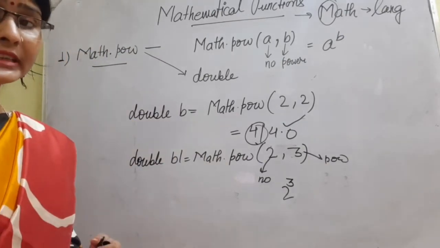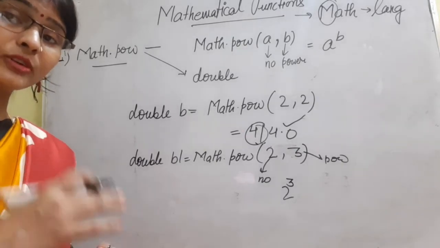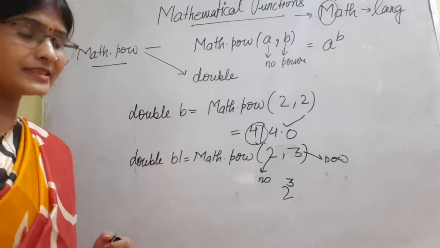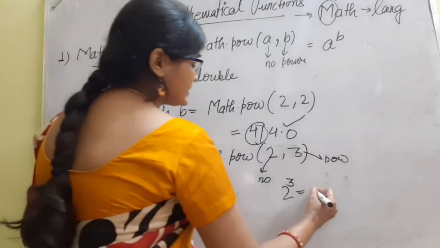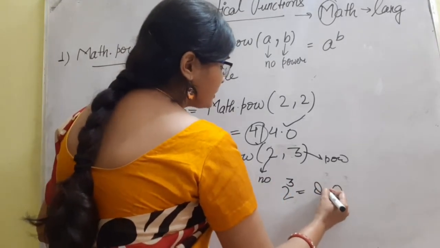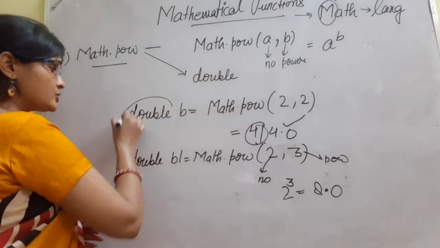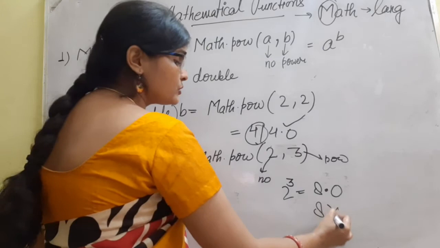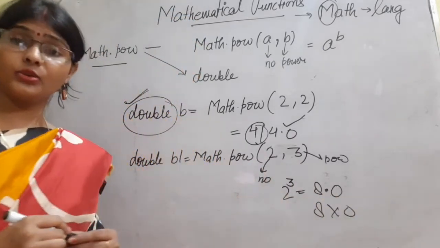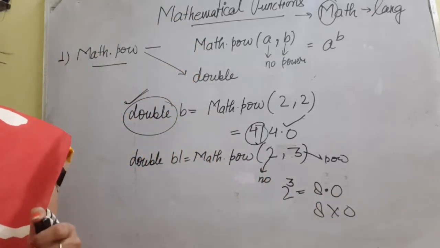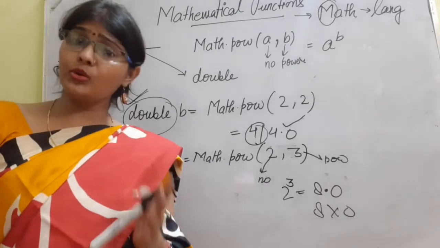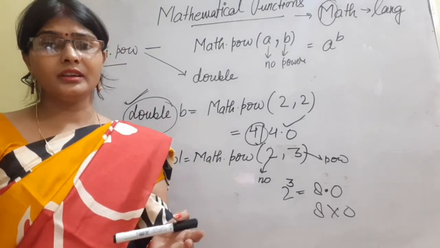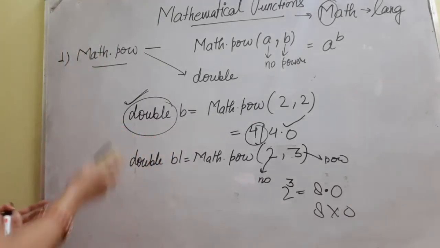So what will the answer be, my dear students? 8 or 8.0? Of course it is 8.0. Very good. So the answer is 8.0 because of double. This double is very important. If you write 8, again you will get 0. So we have to think about the return type. And my dear students, most of the functions have return type double. Okay? So keep this in mind.